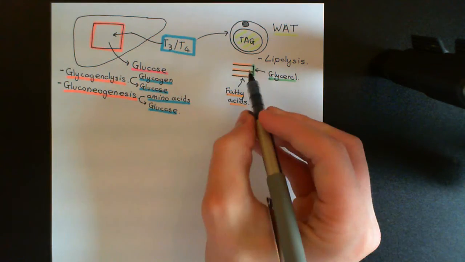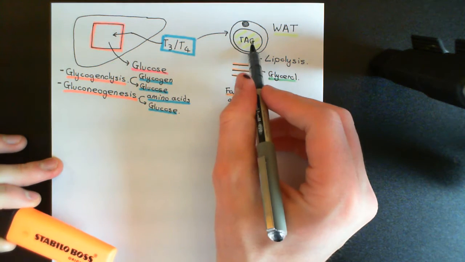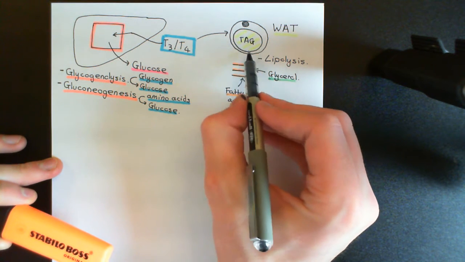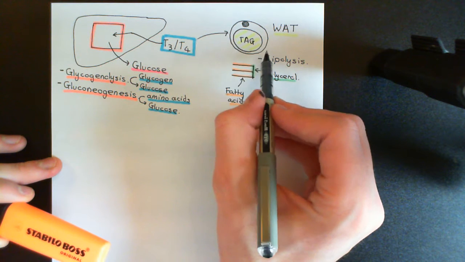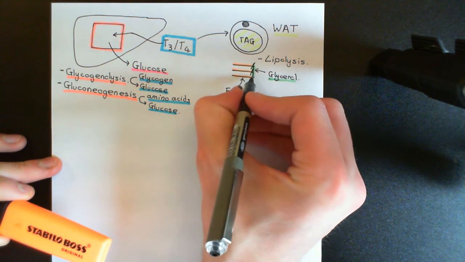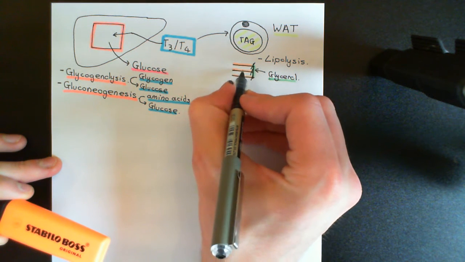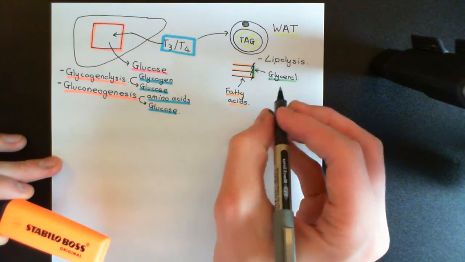Okay, so in lipolysis then, what's going to happen is these triacylglycerol molecules, which we have stored in the fat droplet of the white adipocytes, are going to be broken down. So we're going to hydrolyze the ester links here, here, and here to break this into a glycerol molecule and free fatty acid molecules.